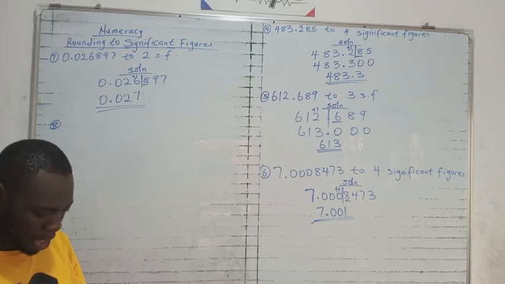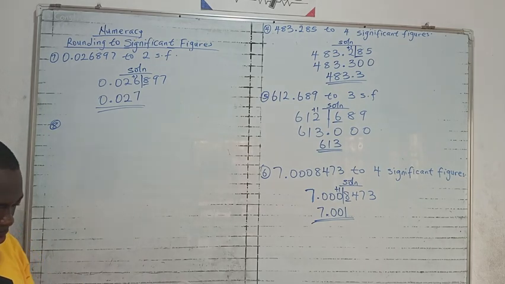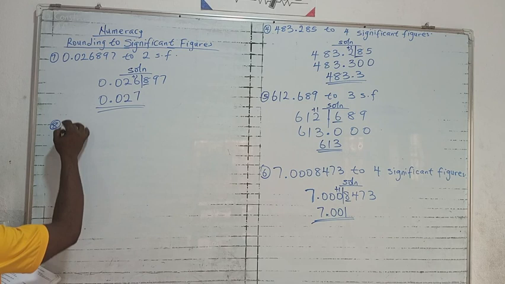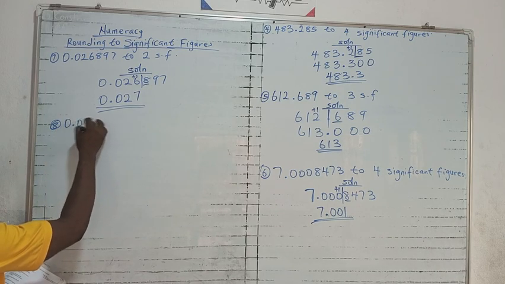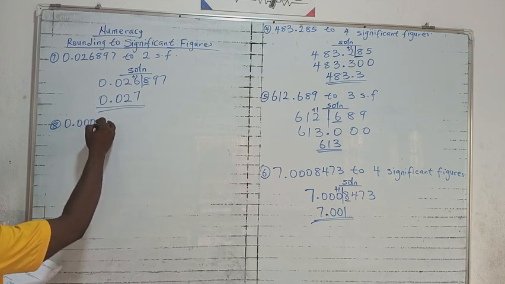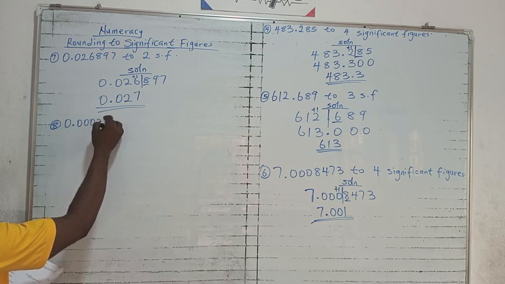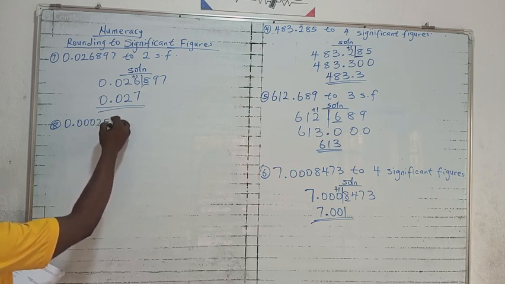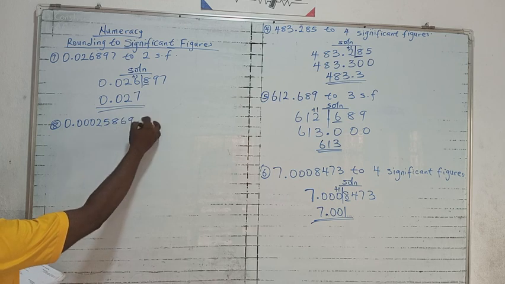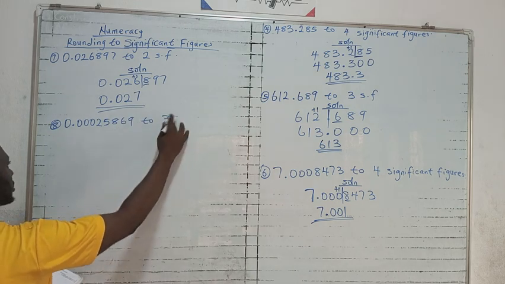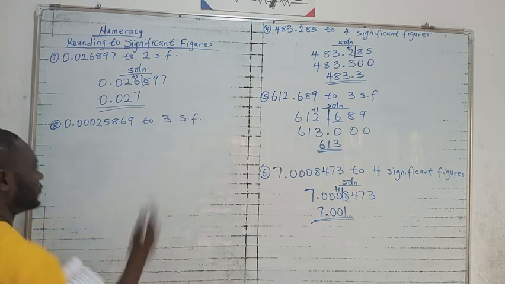Let's look at this example. Round 0.00025869 to 3 significant figures.